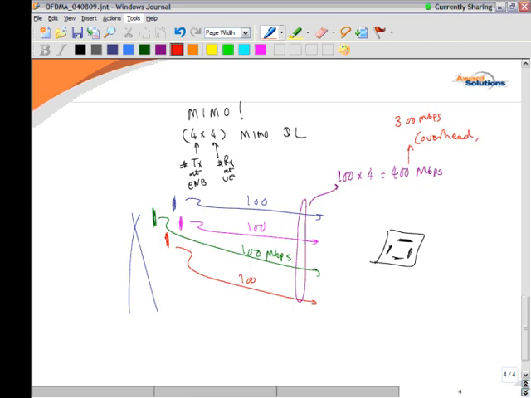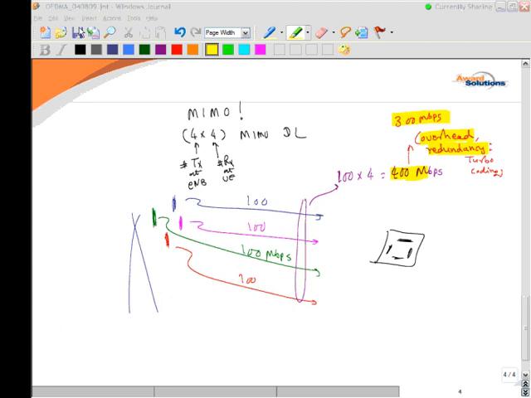I can take care of some redundancy that I will introduce through channel coding, turbo coding, for example, and so on. So even after you account for those overhead, redundancy, etc., you will still be able to get 300 megabits. So now you know at a high level how to get the super duper data rate of 300 megabits per second in the downlink.